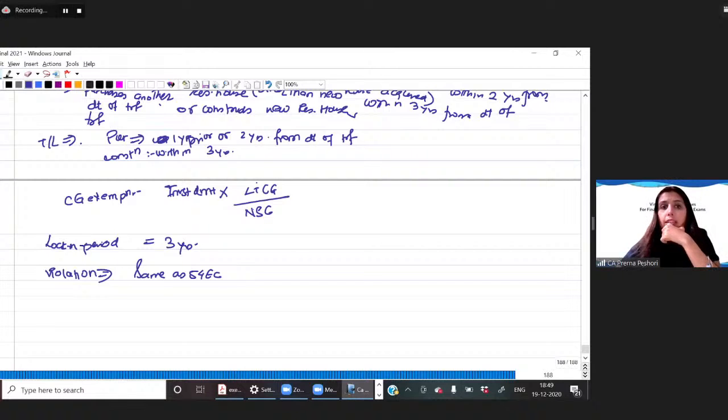Let me tell you, there is a Delhi High Court judgment in the case of Kamal Wahal, wherein it was held that the assessee is entitled to claim exemption under section 54F in respect of the sale proceeds of a capital asset invested in a residential house property in the name of his wife. So the Delhi High Court allowed the deduction to the assessee, wherein he had invested the amount in the name of his wife. Clear, Sumit?